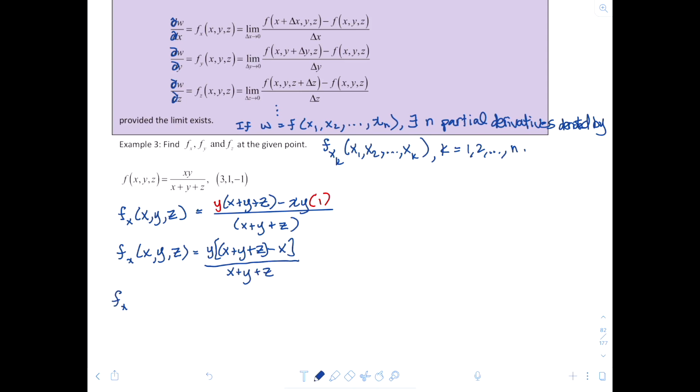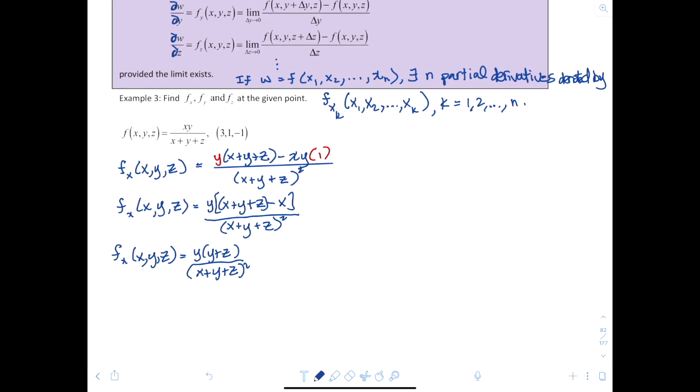So then we would have fx of x, y, and z would be y times y plus z over x plus, and I'm sorry, this is squared, the denominator is squared, or x plus y plus z, the quantity squared.